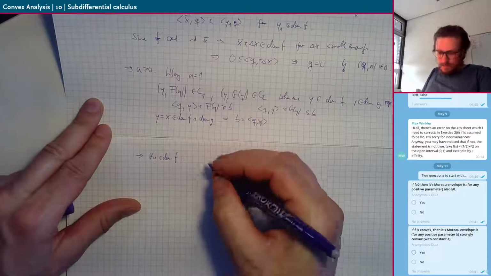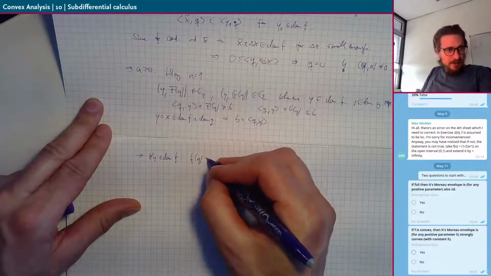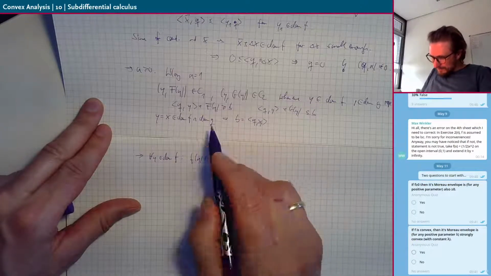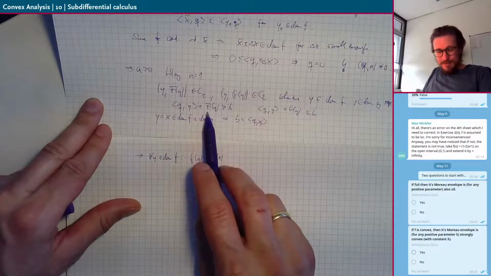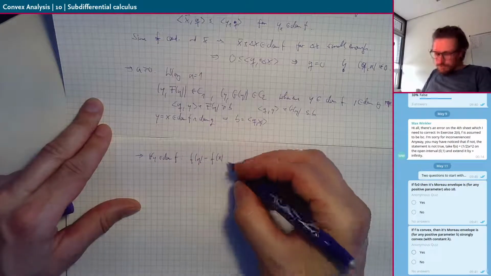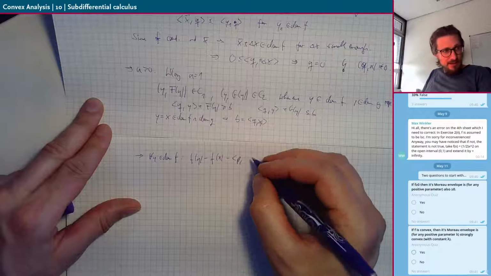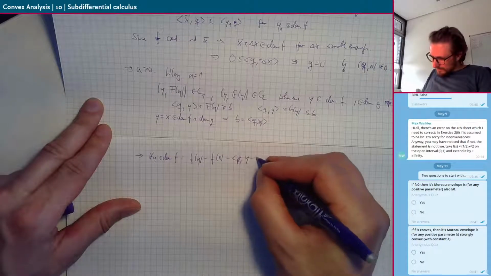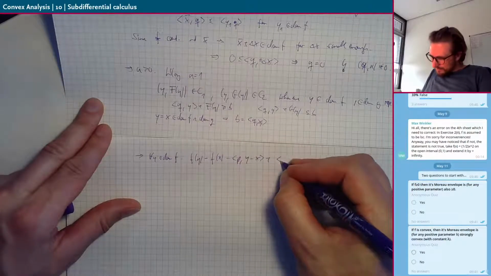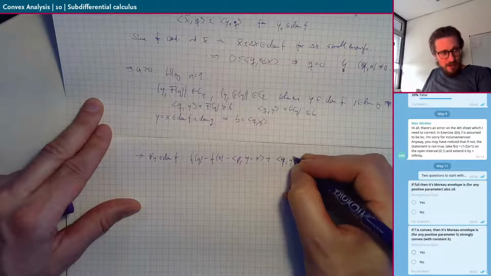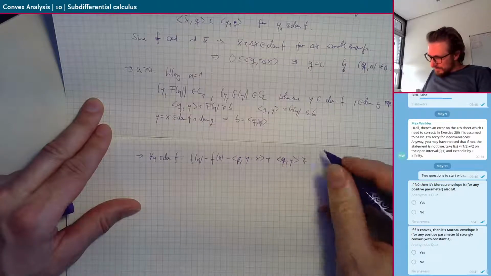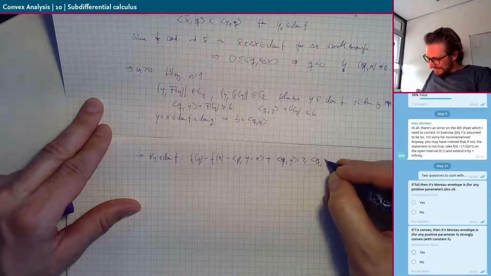it holds that f of y minus f of x, so I just express capital F and small f, minus p times y minus x plus q times y is larger equal b, and the b we have seen is q times x.